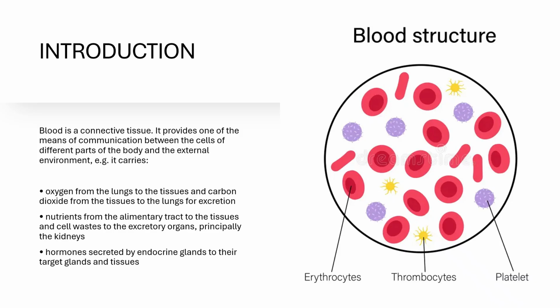Also, let's look at the functions of blood. The oxygen from the lungs is transported by blood. So it transports oxygenated blood from the lungs to the heart, and also transports blood from the heart to the lungs. Another thing is that blood transports nutrients from the alimentary tract to the tissues, to the cells.